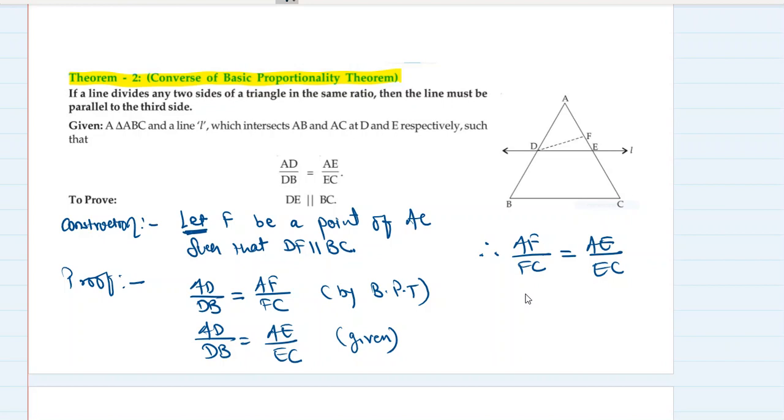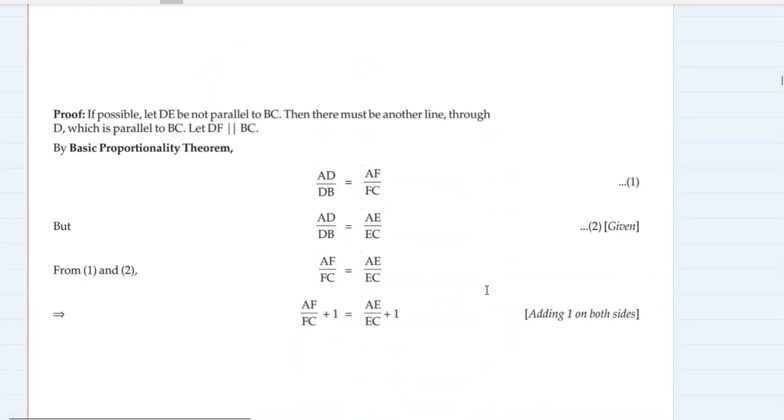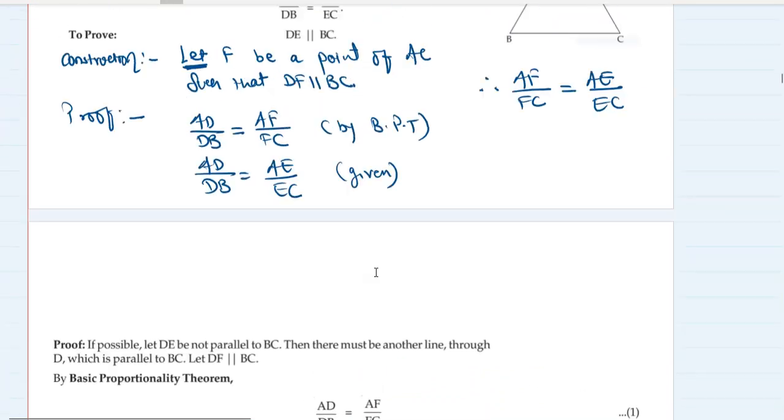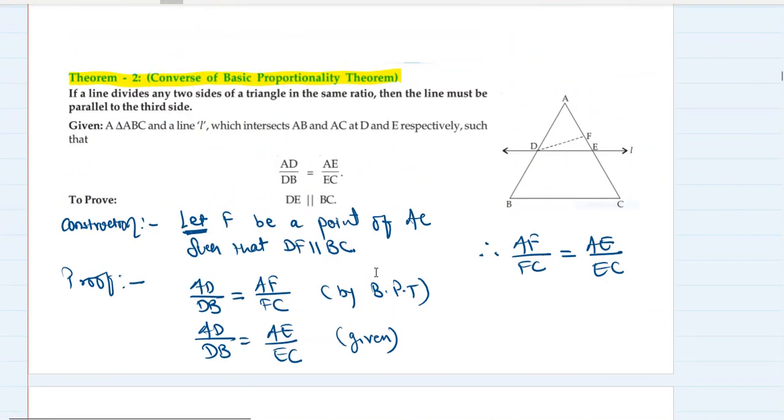And see how they have written. They have done one more thing. They have added 1 to both sides. Let us also add, maybe this becomes easier. So adding 1 to both sides, we get AF upon FC plus 1 is equal to AE upon EC plus 1.